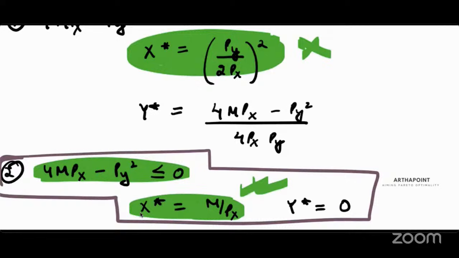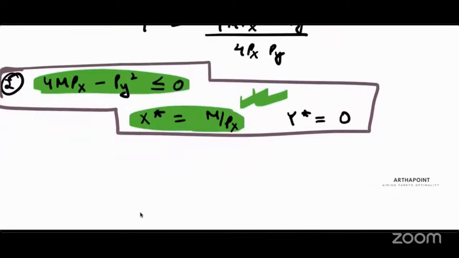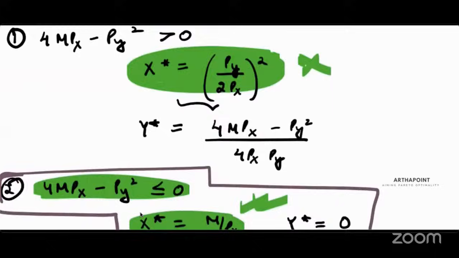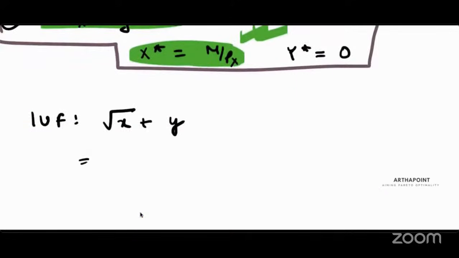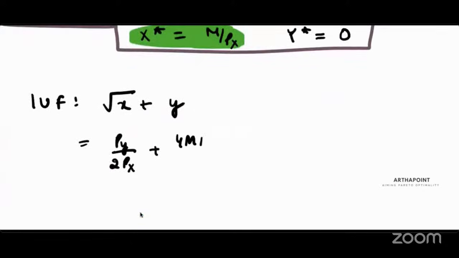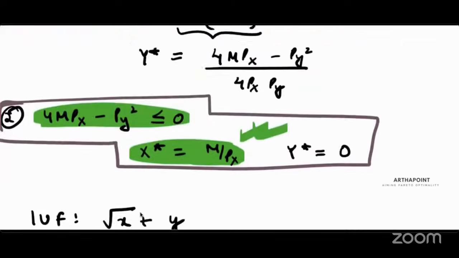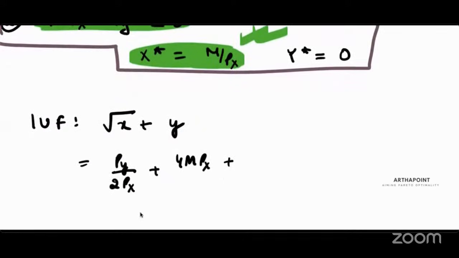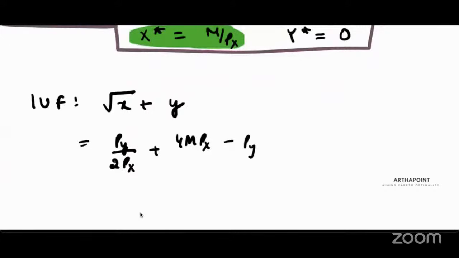Now, once you have found the Marshallian demand, then it's simple. You can do it. Indirect utility function will be root x plus y. So in this case, it will be root of x, which will be py by 2px, and y will be 4mpx minus py square upon 4px py.